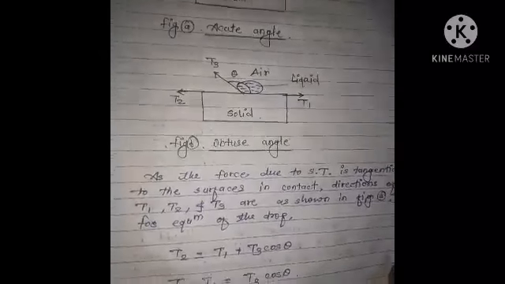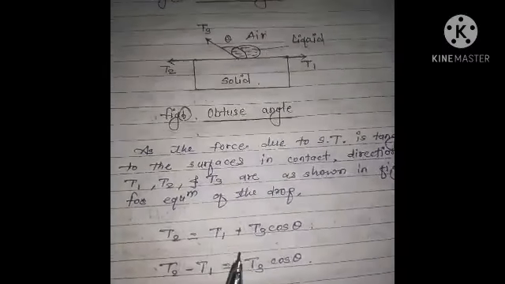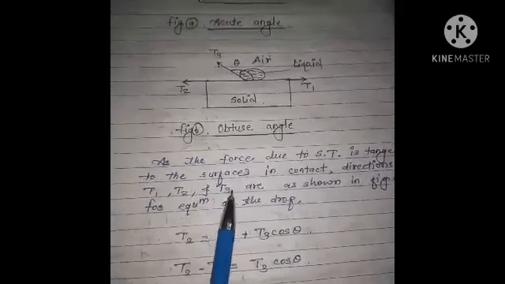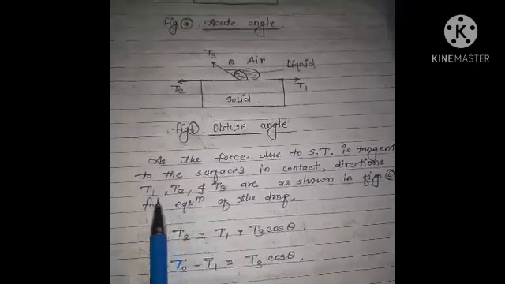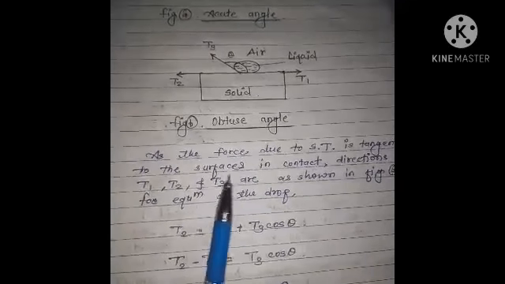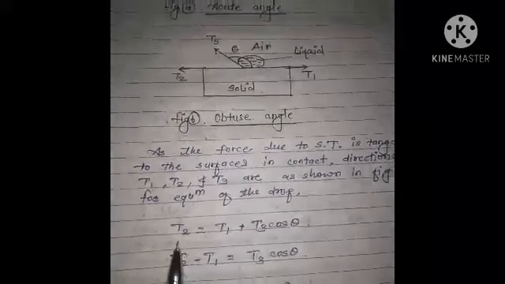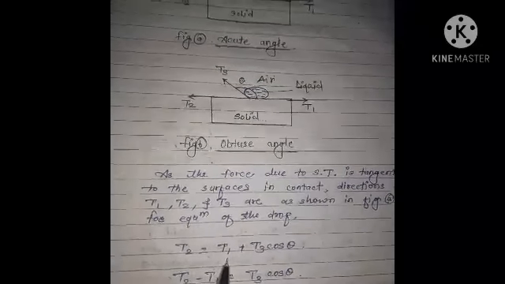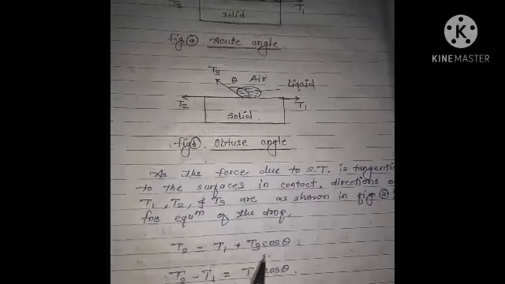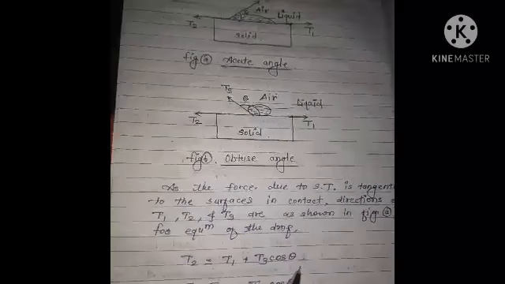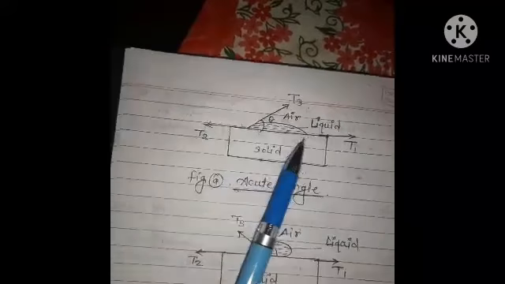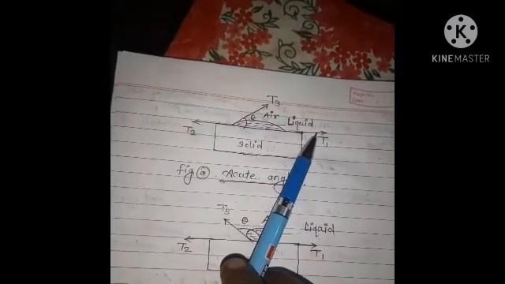For these three forces due to surface tensions for their respective pairs, we can write T2 is equal to T1 plus T3 cos theta. From the diagram, see here, T2 gets balanced by T1.